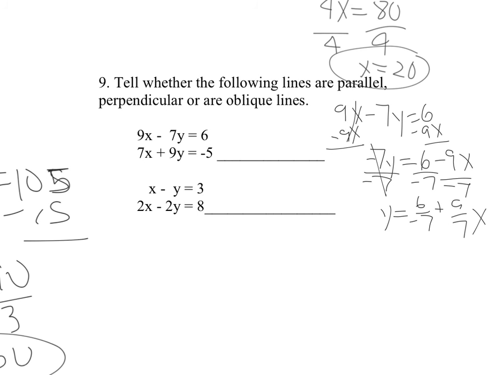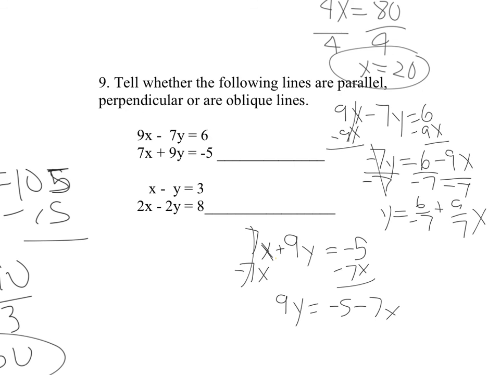All right. And then for the other one, wrong pen color. 7x plus 9y equals negative 5 minus 7x. 9y equals negative 5 minus 7x.